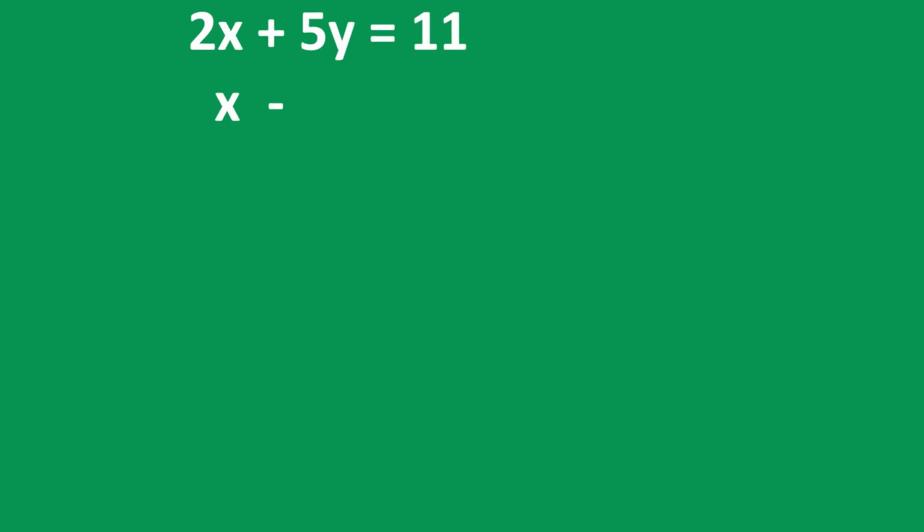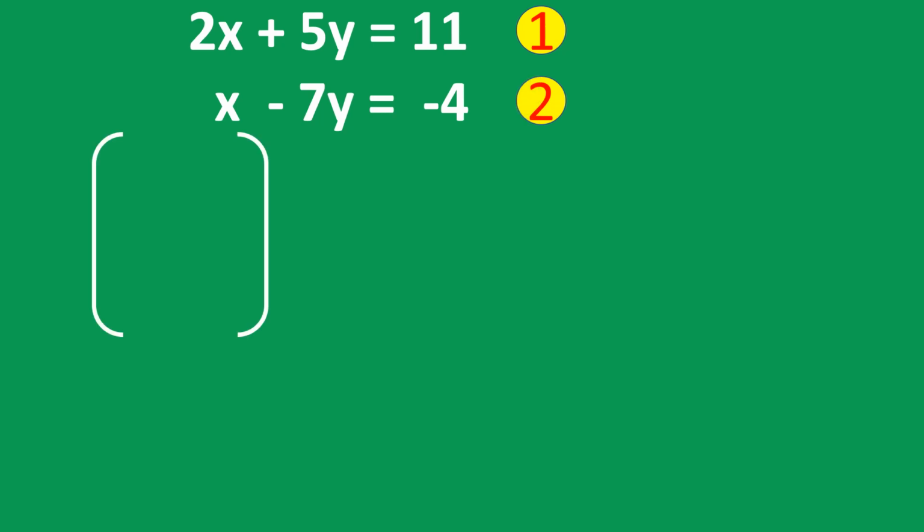So we'll be looking at our equations 2x plus 5y is equal to 11 and x minus 7y is equal to minus 4, and we're going to put them in matrix form. We will extract the coefficients of x and the coefficients of y, and put them in this particular matrix.